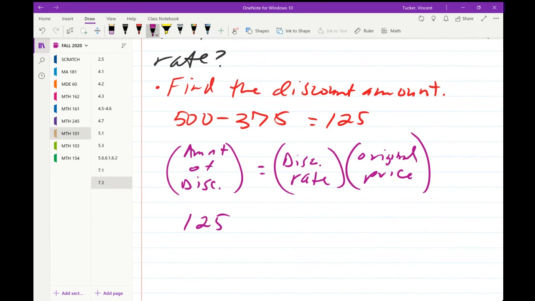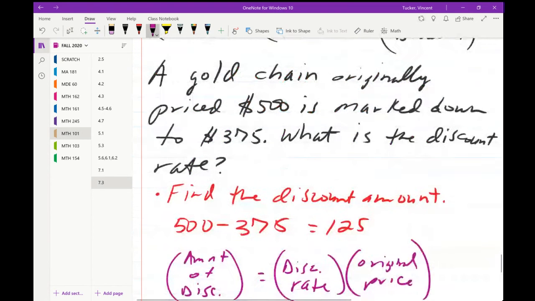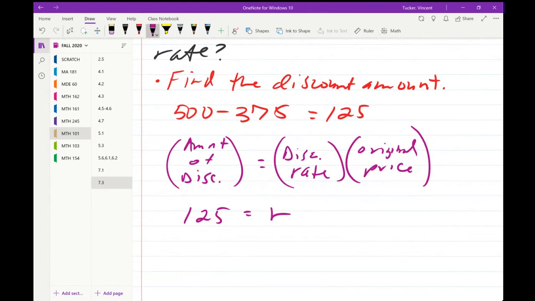So that's 125. We're looking for the discount rate. The original price is 500.